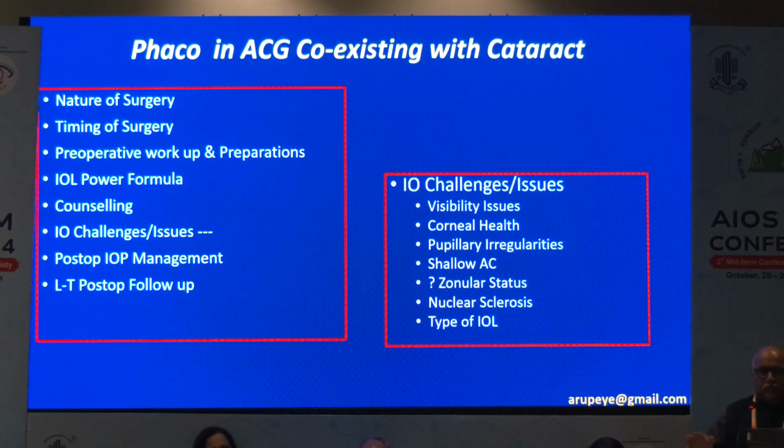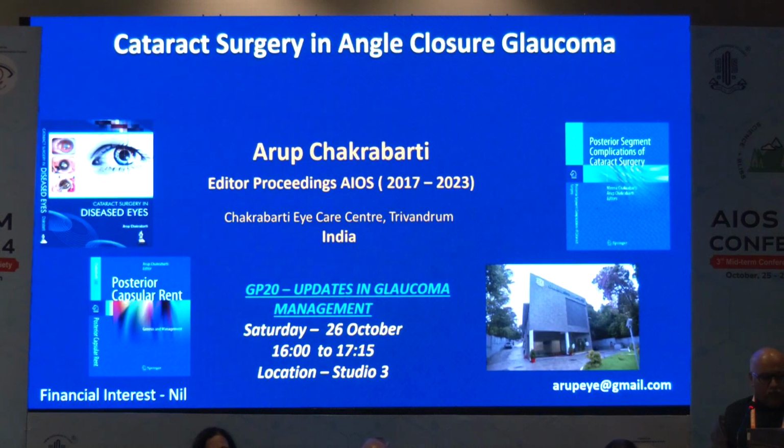Many of these patients have compromised zonular status. Usually they have a hard nucleus, and then at the end of the cataract surgery, what sort of intraocular lens are you going to place? And then post-op IOP management also becomes more intense here, because there is a lot of IOP fluctuation. You need to follow how the IOP has been impacted by the cataract surgery. So all this requires long-term follow-up.